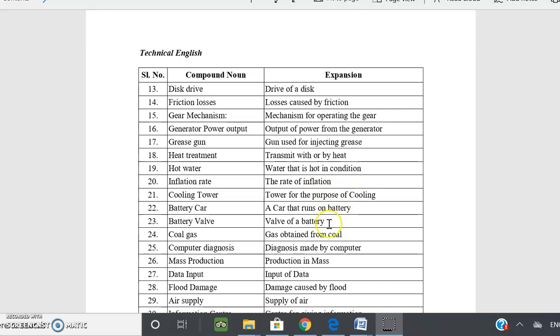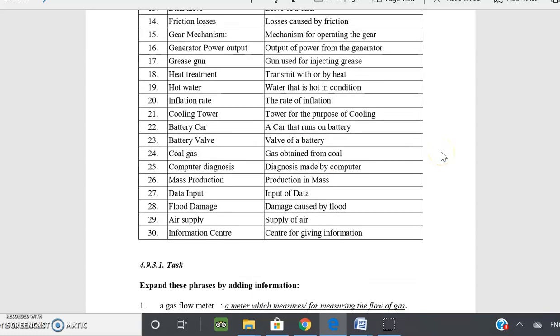So like that, you can go through the textbook to understand more examples of expansion of compound nouns. If you see the 20th one, rate of inflation, tower for the purpose of cooling, car that runs on battery, valve of a battery, gas from coal, diagnosis by computer, mass production, production in mass, data input, input of data, damage caused by flood, supply of air, center for information.